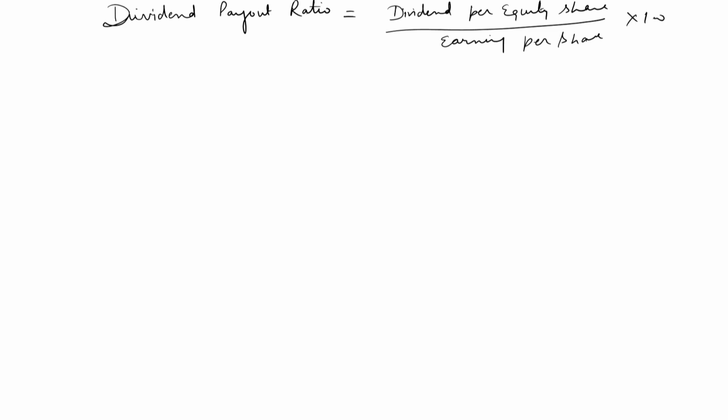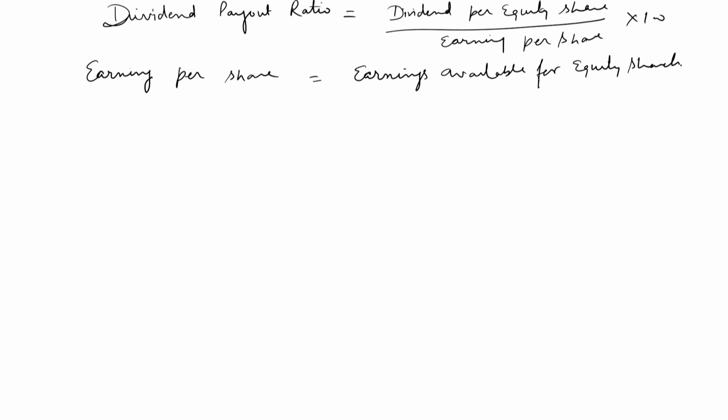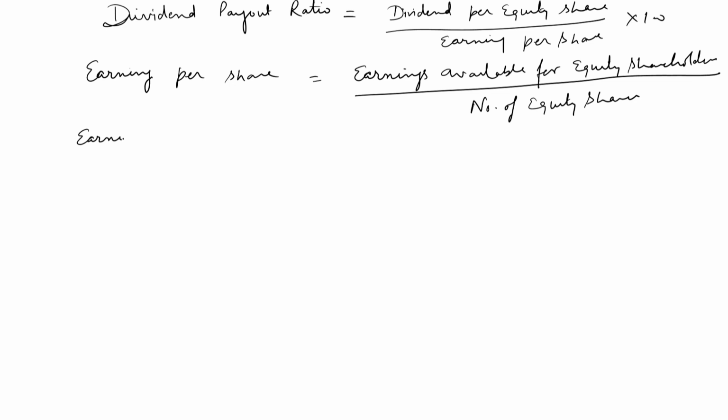So first we calculate the earning per share, which is equal to the earnings available for equity shareholders divided by number of equity shares.